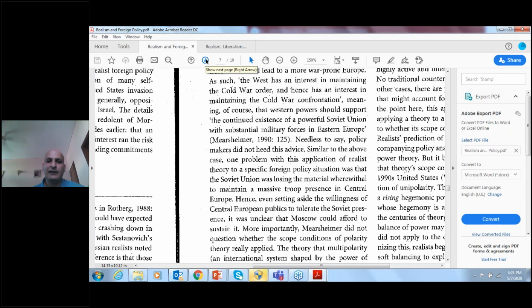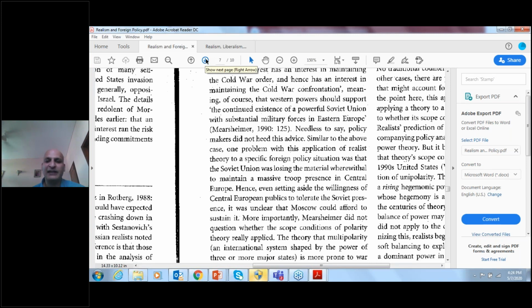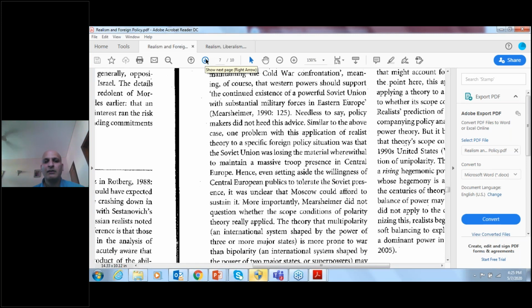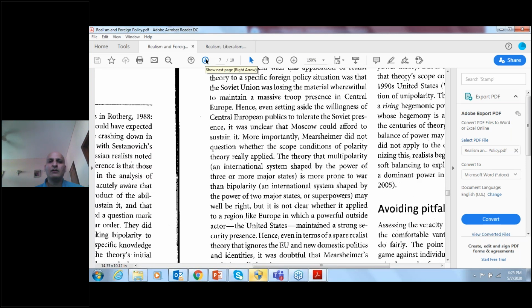So what was the problem with this application of realism? Was again that the Soviet Union's power had declined to a point where NATO, that is effectively the United States, was unopposed.